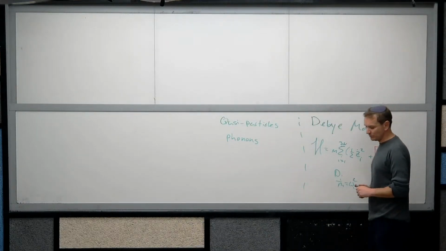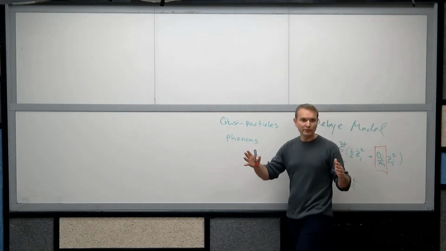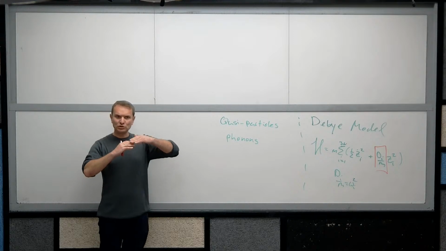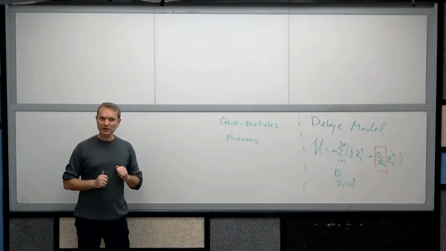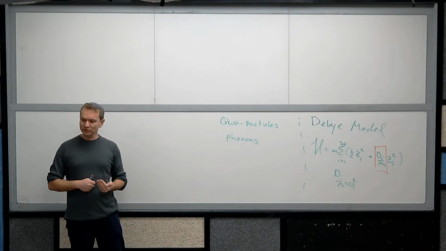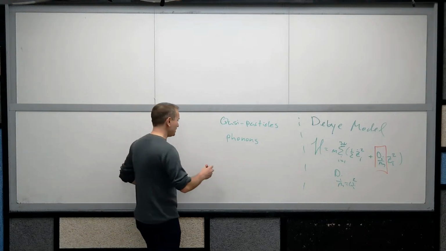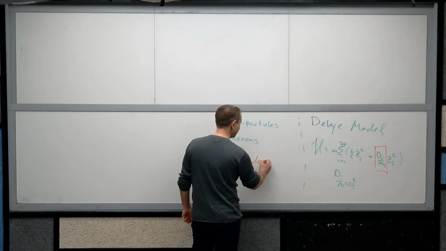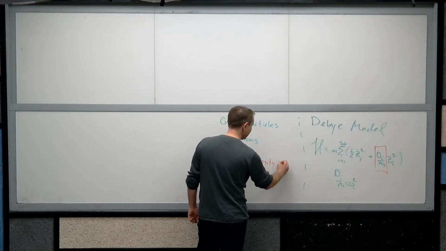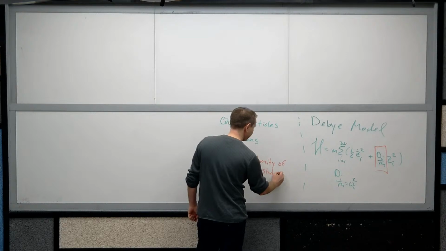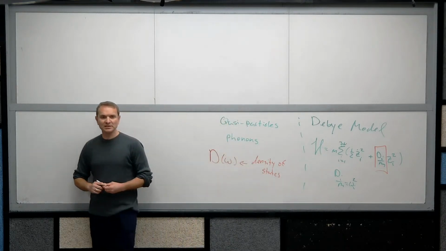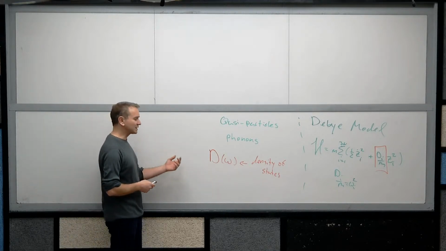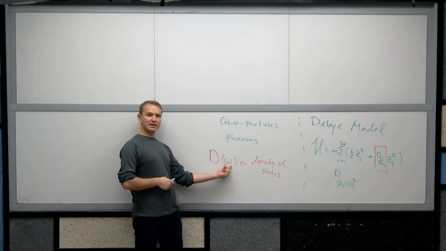So this is what we've done. We counted the number of different standing waves that we have in a system up to some frequency omega. Then we took the derivative of this expression, and we obtained D of omega, which is the density of states. It tells how many states, how many standing waves, correspond to a given omega.